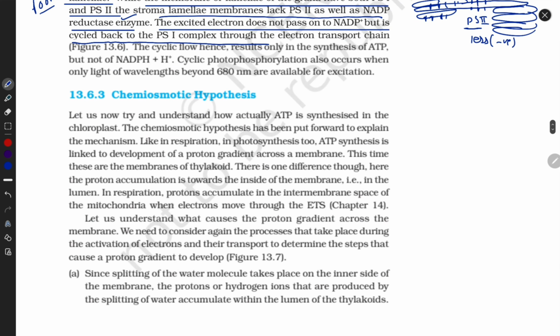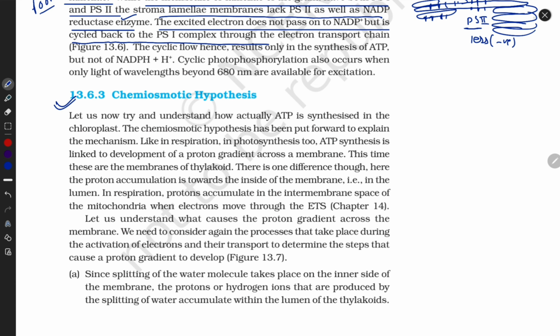Let's switch towards the chemiosmotic hypothesis. This hypothesis again explains non-cyclic and cyclic photophosphorylation.